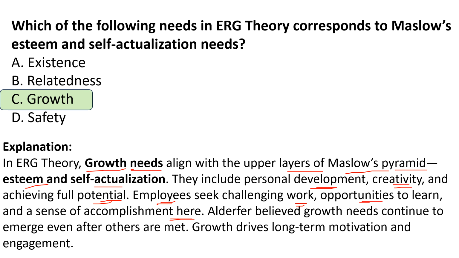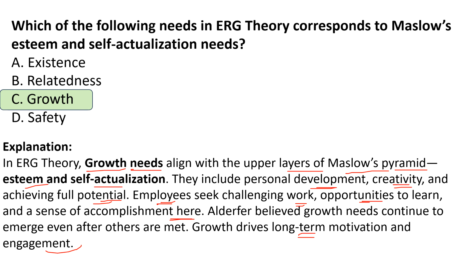Alderfer believed growth needs continue to emerge even after others are met. That means you have completed one thing, but still you want something new, still you want to take on a challenge, still you want to achieve something that will motivate you better. Getting it? That is what Alderfer is trying to say. Growth drives long-term motivation and engagement. So how will you engage in your work, how will you be continuously motivated?